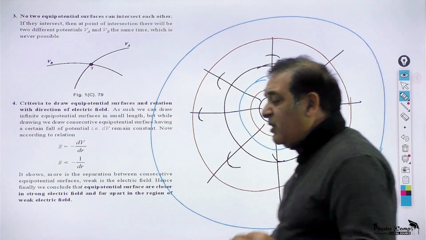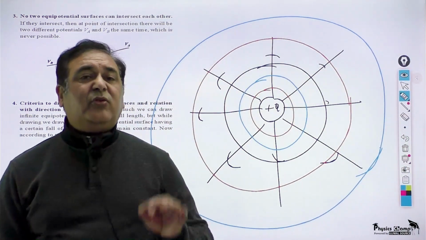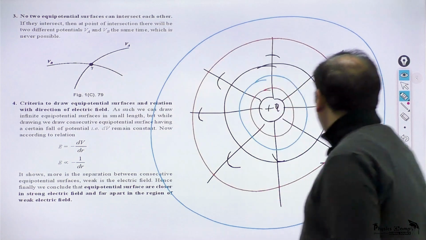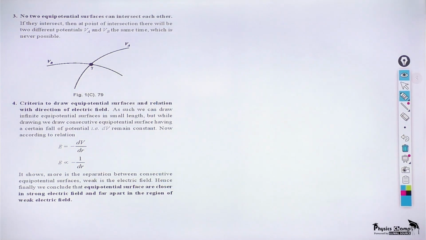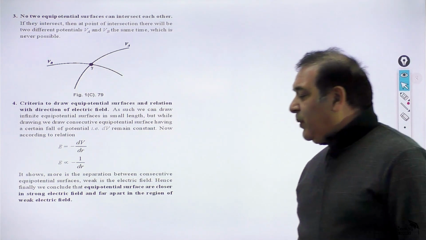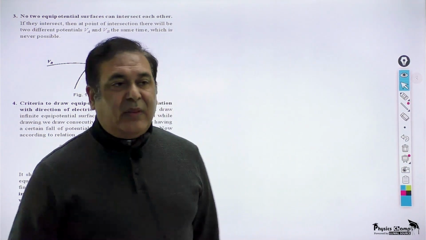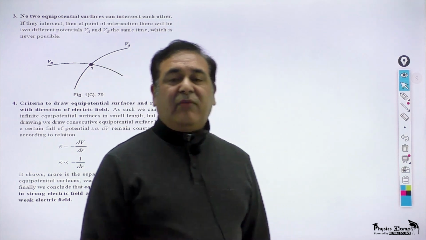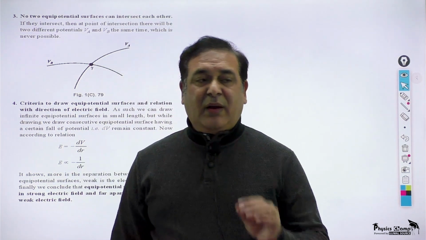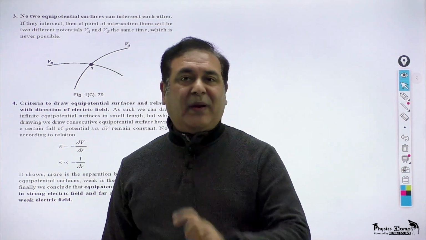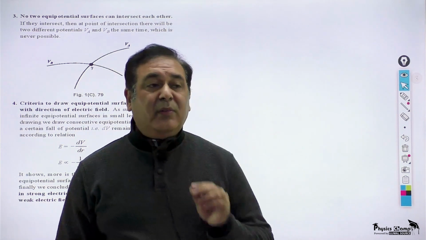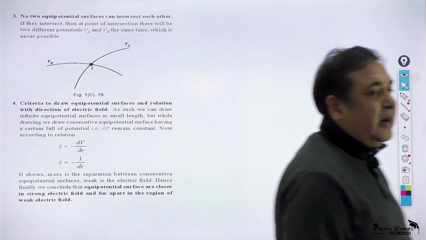So equipotential surfaces are closer in the region of strong electric field, and equipotential surfaces are farther in the region of weak electric field. That is the point we should keep in mind. So these are some very important information about the potential gradient and equipotential surfaces which you have learned here. Very small topic, and now I'll talk about numericals on this concept that you have just learned.